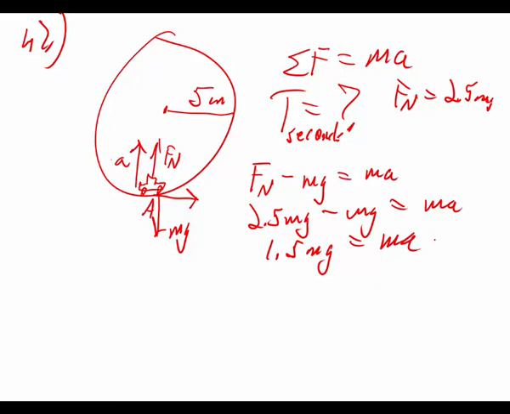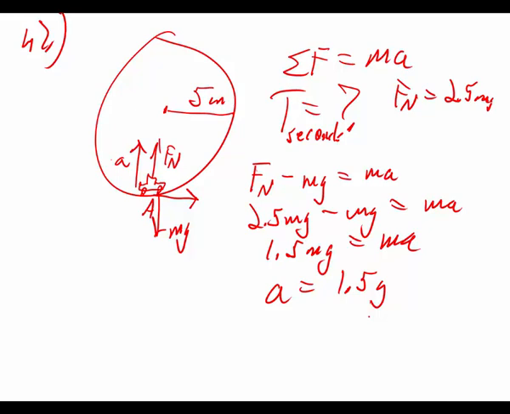Can we cancel anything out? The m's will cancel, won't they? M is m. So a becomes what? 1.5 g. Okay, but now we're still not done.